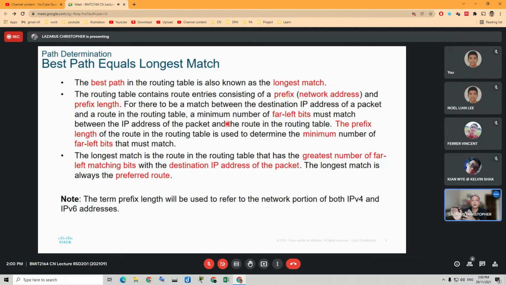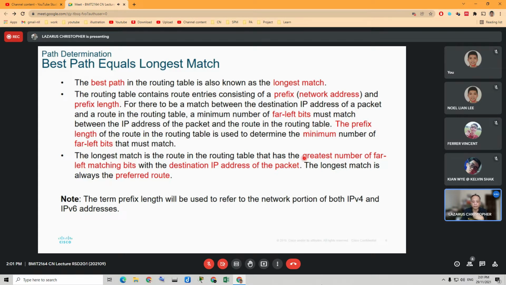The router doesn't look at the host. The host is a way to differentiate between the destination hosts, but in order for the router to do its work of routing, it only looks at the network address. So to match means to match a minimum number of far left bits.